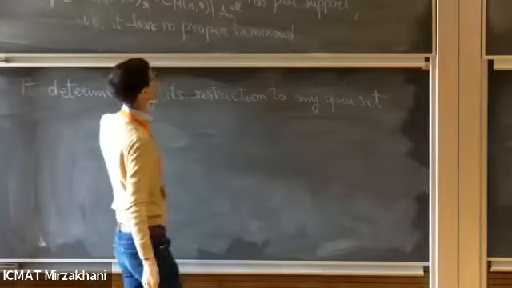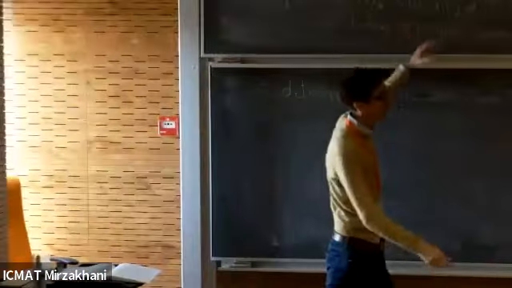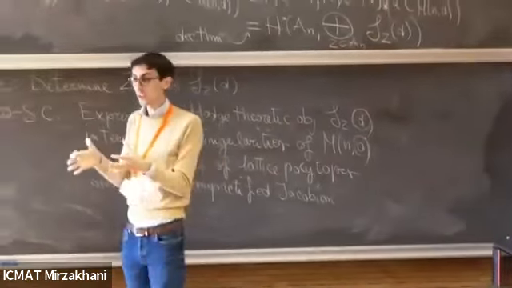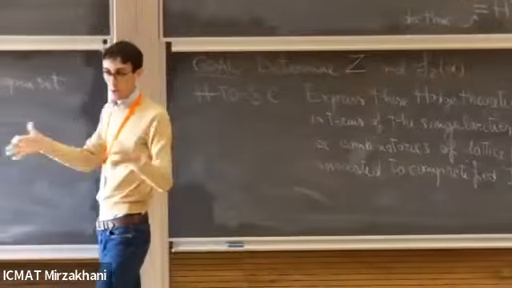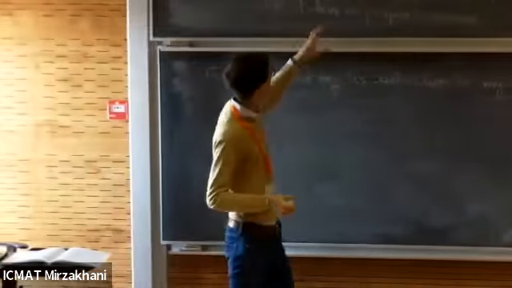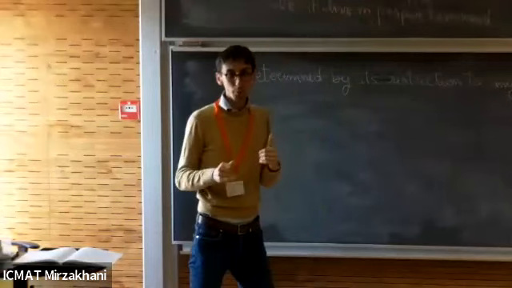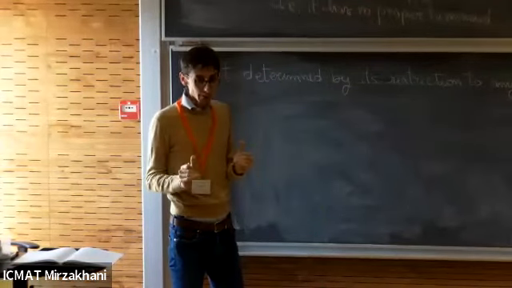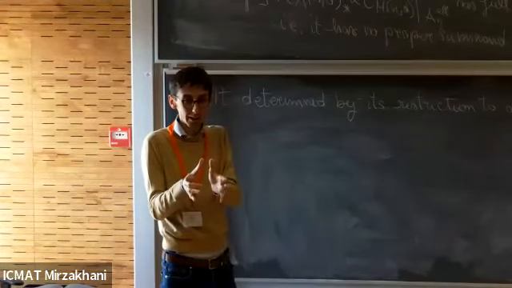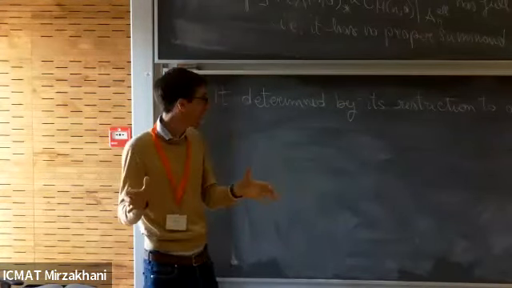Okay, let me mention that these summands are done in a way that once you determine them generically, there is a canonical way to extend them. So if you know that this object has no proper summand, this means that there is only one summand, and this summand is determined just generically on an open set, and there is a canonical way to extend it.